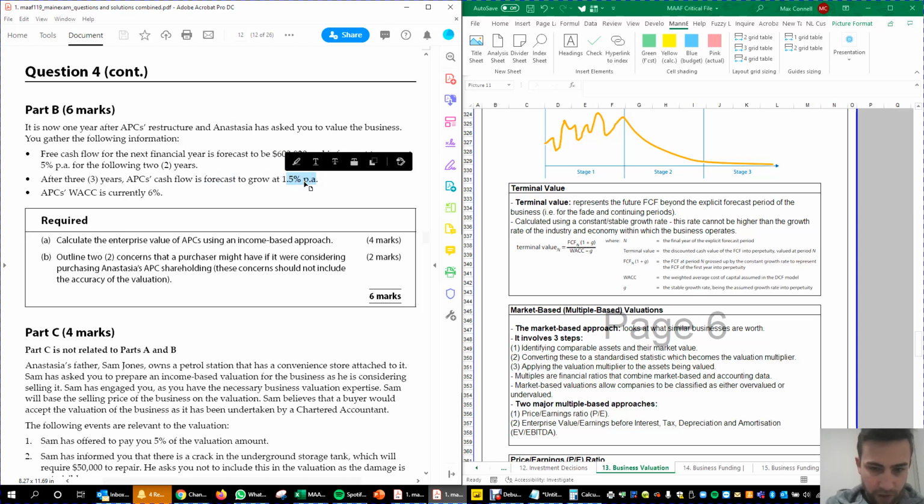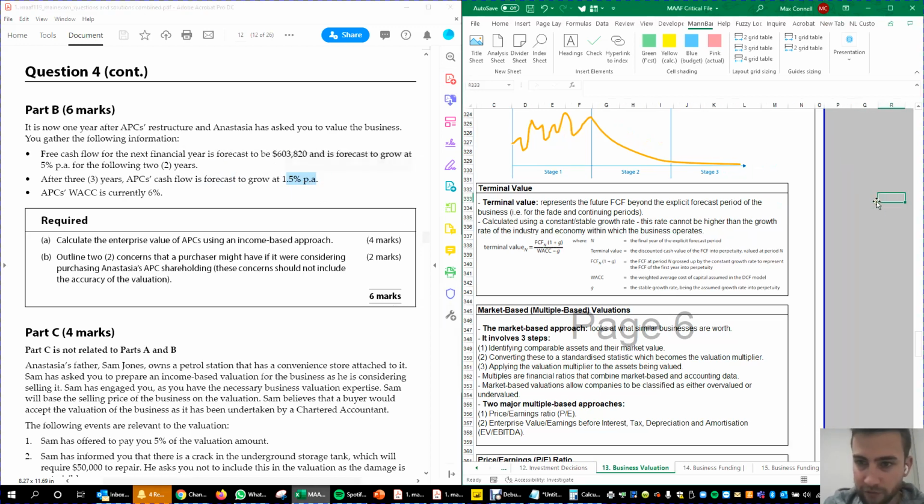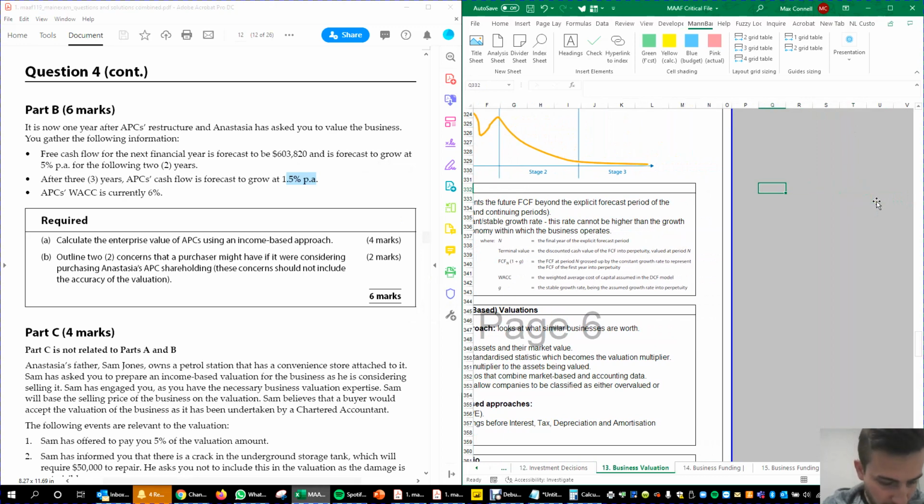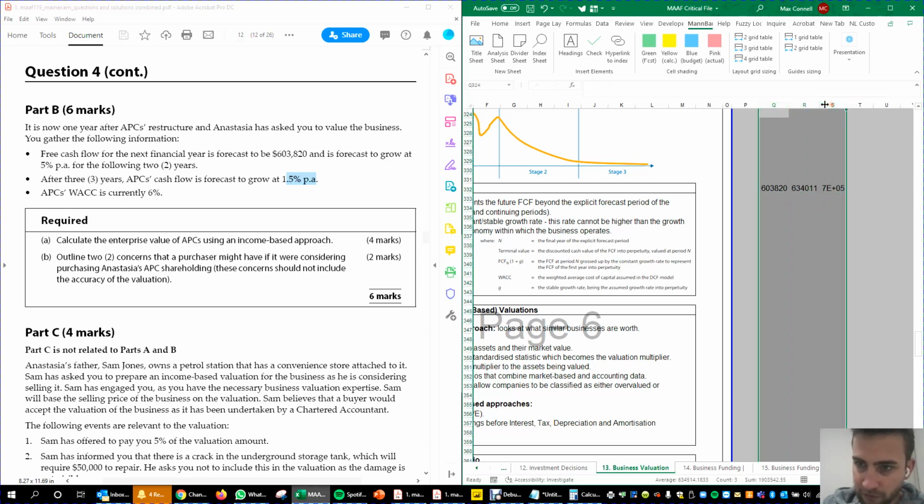So the way we're going to do that is we're going to build up a table. We can just do that over to the side over here. So we need to know what year 1, year 2, year 3 growth rate is, and then after that we can apply a perpetual 1.5% growth rate using the formula. So first of all, our free cash flow is 603,820 in year 1. That's going to grow to 1.05 in year 2, and then that's going to grow to 665,712 in year 3.